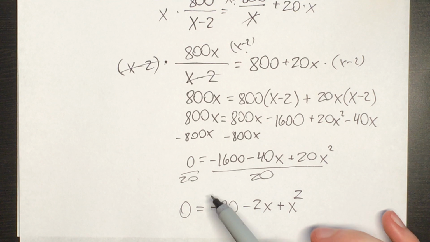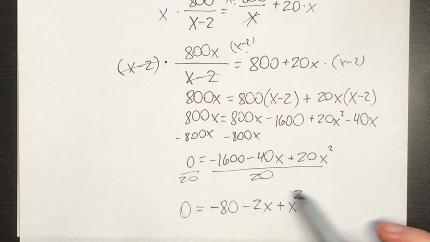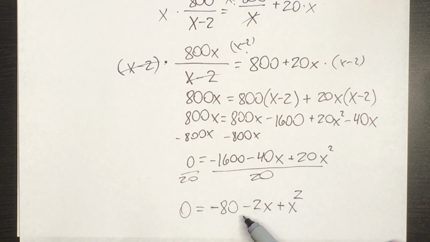At this point, you can either use the quadratic formula, or you can try to factor this. So you're looking for a number that multiplies to get negative 80 and adds to get negative 2. Let's see, what's 80 divided by 15? I'm just trying out possibilities to see if I can factor this real quick.